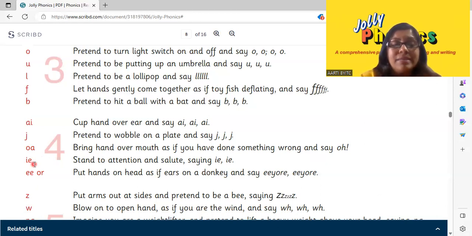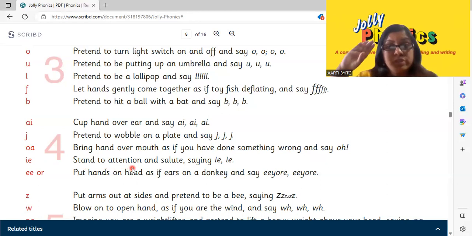Now I and E, stand to attention and salute, right? So when you are standing to attention and you are doing salute, then you are saying I and E. So you have to make it together, right? You have to make it together because two letters are coming together and making one sound.